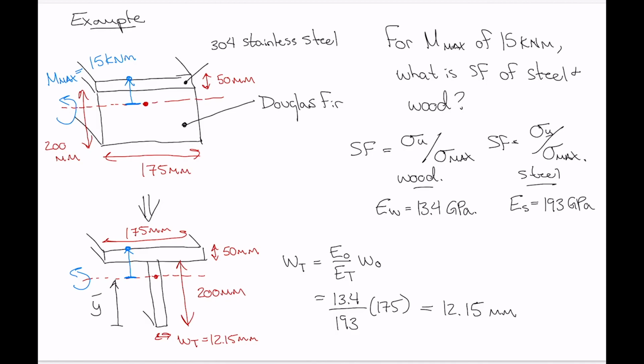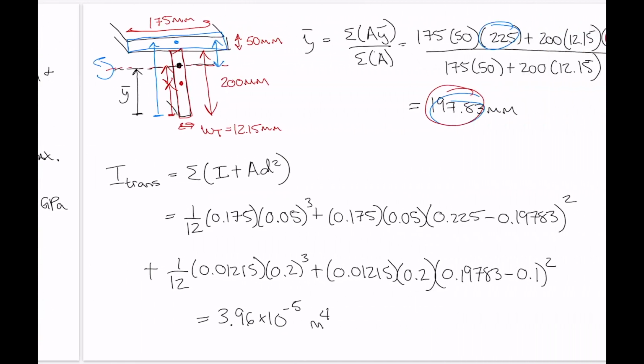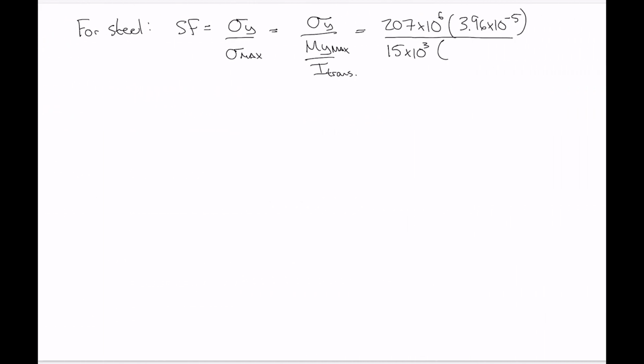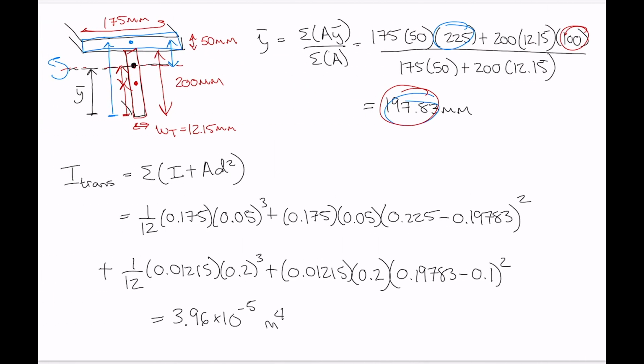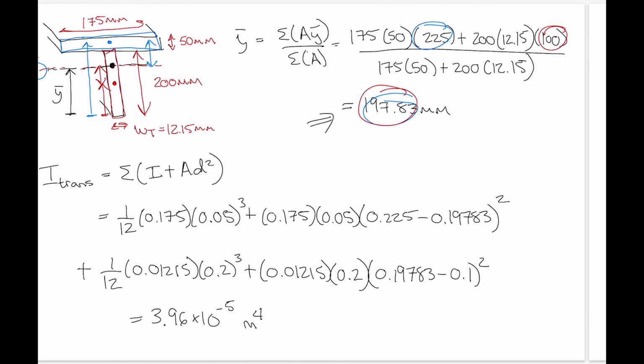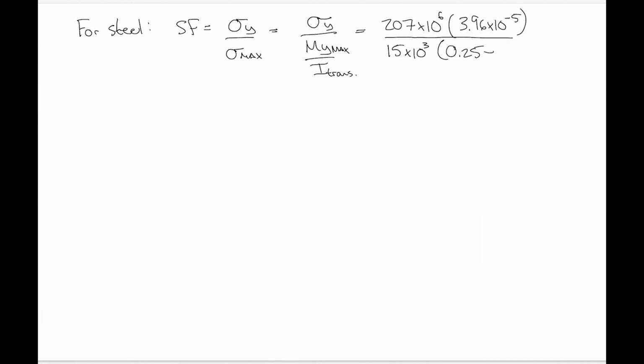So if we take the whole height of the beam, which is 250, and then subtract the centroid location, y bar, then we get that value of y max. So we've got 250 here, 0.25, subtract our value of y bar, which is that guy there, 197.83.